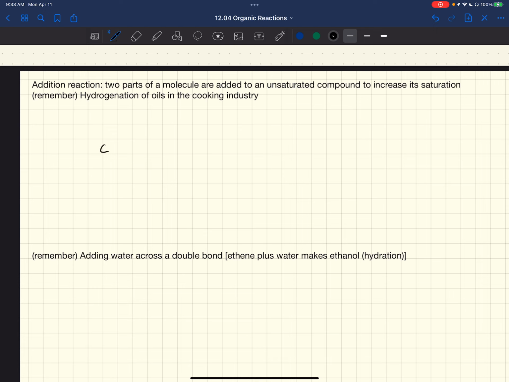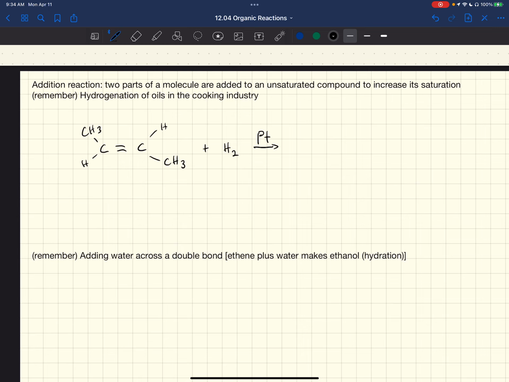So let's say we have a double bond. We're going to add hydrogen to it, and then we need a catalyst to run this.